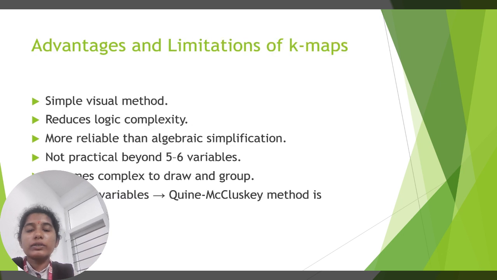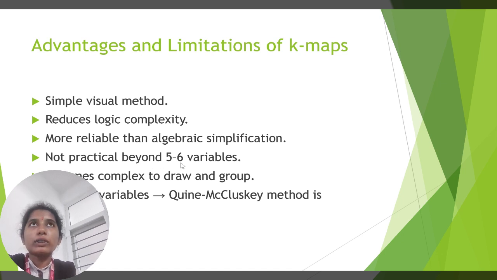Advantages and limitations of K-maps. Advantages are a simple visual method, reduced logic complexity, and more reliability than algebraic simplification. It is much easier than using logic gates alone. Limitations: not practical beyond 5 or 6 variables.